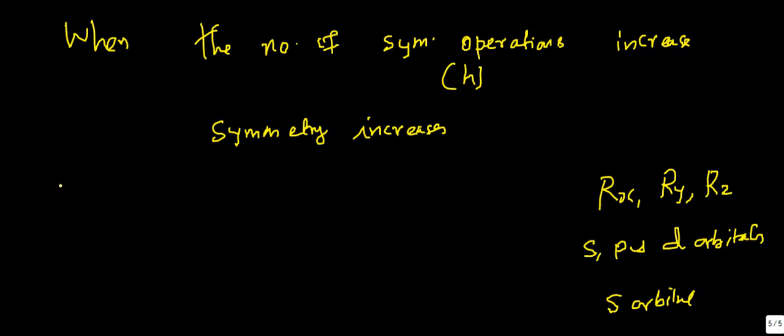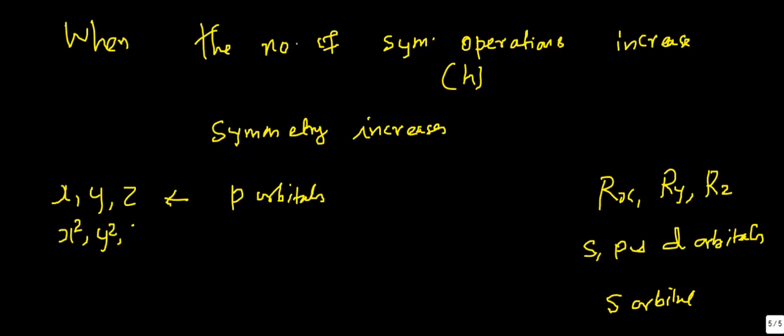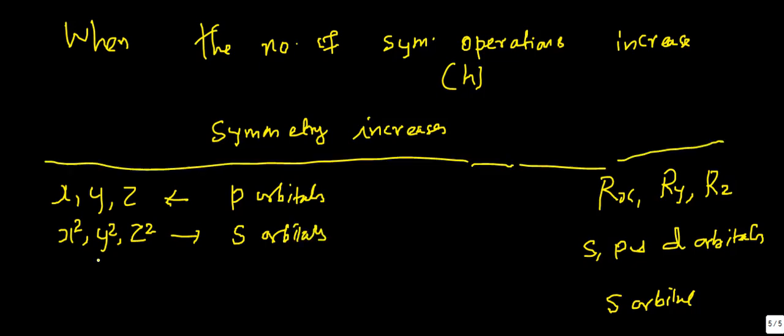If you find the letters x, y and z, they represent the p orbitals. If you find the letters x square, y square, z square, they represent s orbitals.